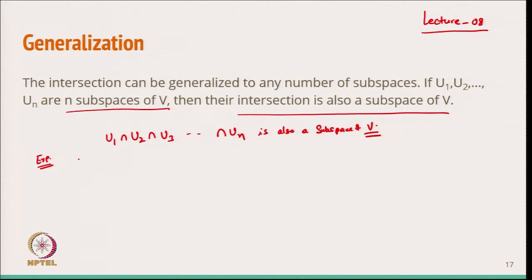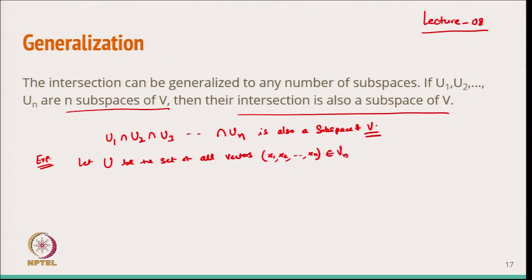So now I want to give you an example of how it looks. Suppose I take a subspace U to be the set of all vectors. I am taking the set of all vectors x1, x2, up to xn that belongs to Vn.